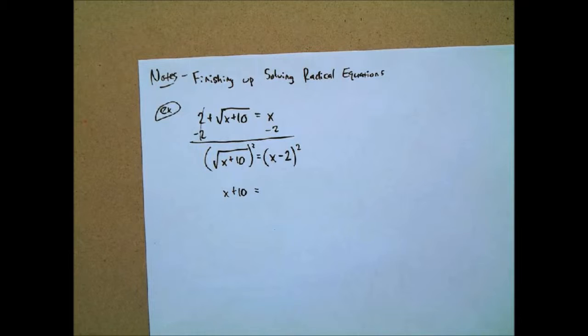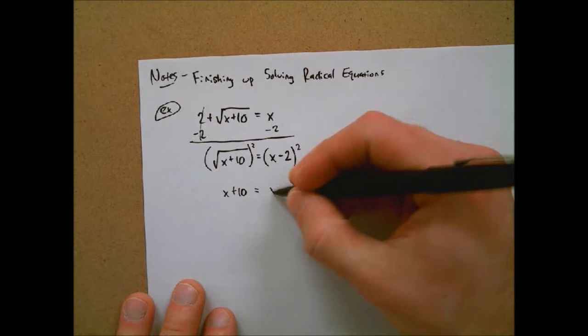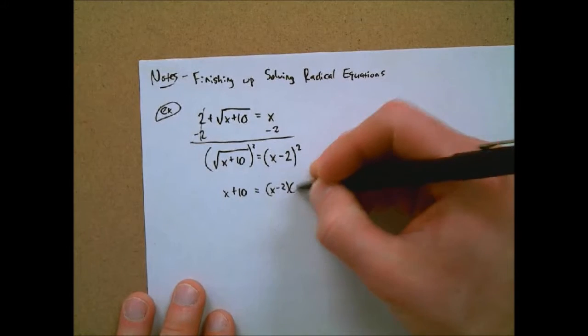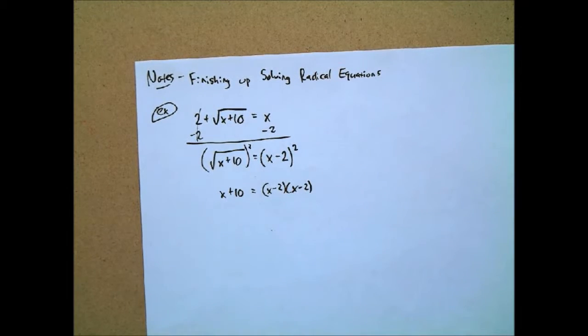But then when I square x minus 2, remember, when I square something, what does that really mean? We're going to have to FOIL it. We have to multiply this thing by itself. So I'm really doing x minus 2 times x minus 2 here, which is going to require that we FOIL it, multiply it out and stuff like that.